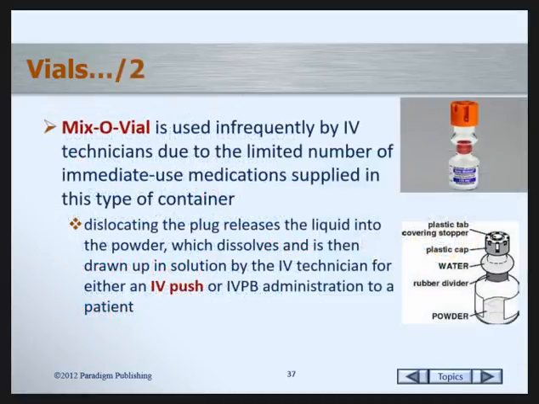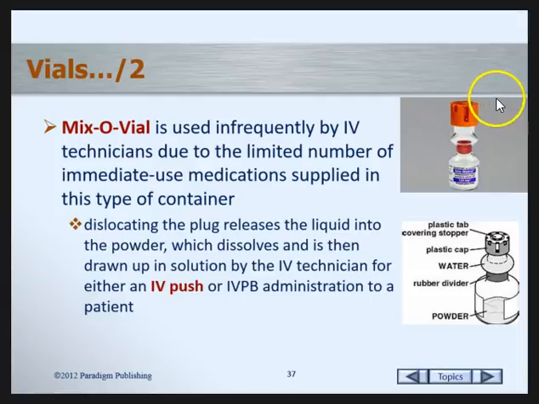Another type of vial is a mixo-vial. These are used infrequently by IV technicians due to the limited number of immediate use medications supplied in this type of container. It is a little bit specialized, so here's a picture of one that has not been activated. At the very top there is a disc that covers the injection circle of the diaphragm.